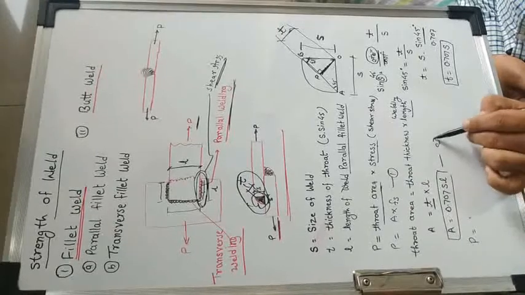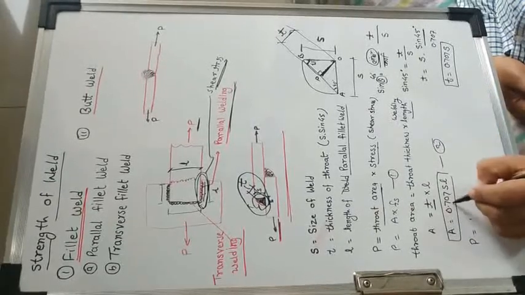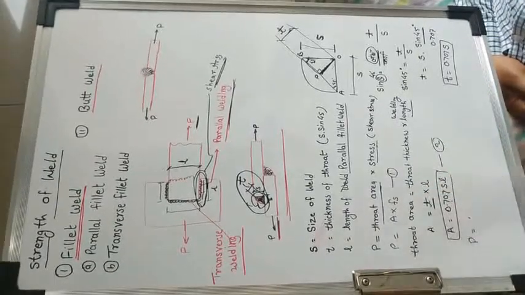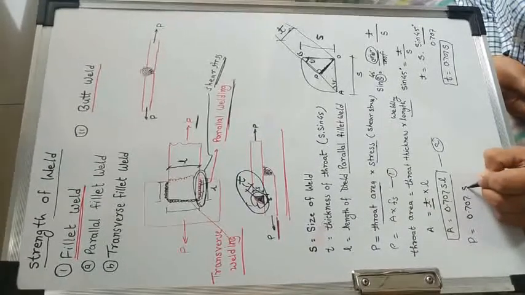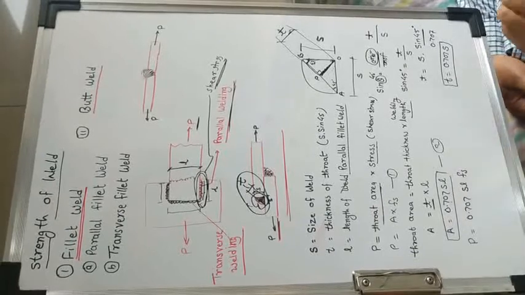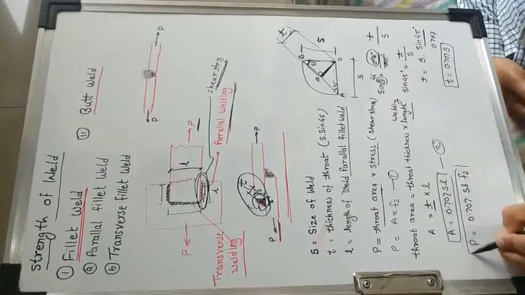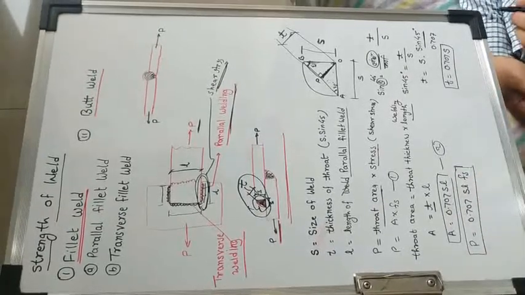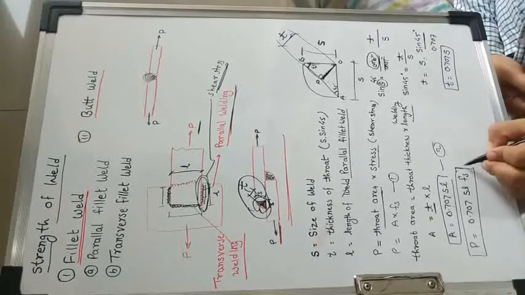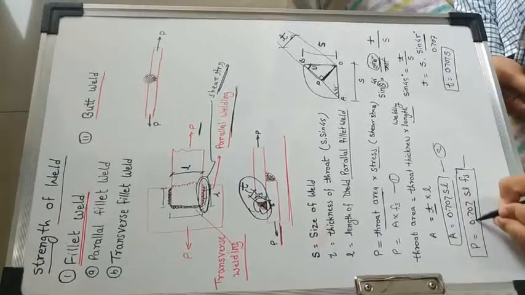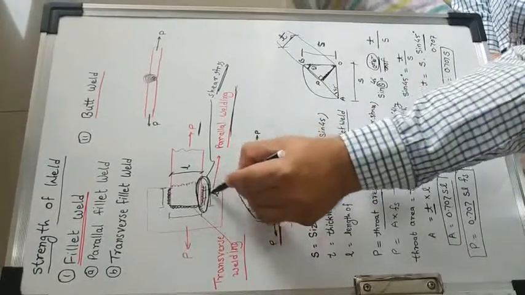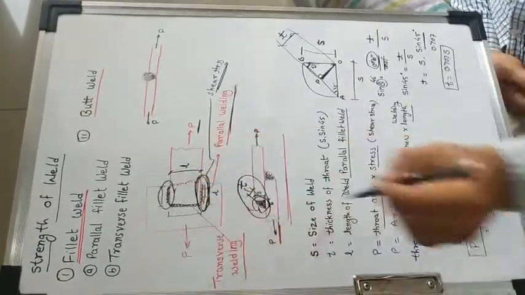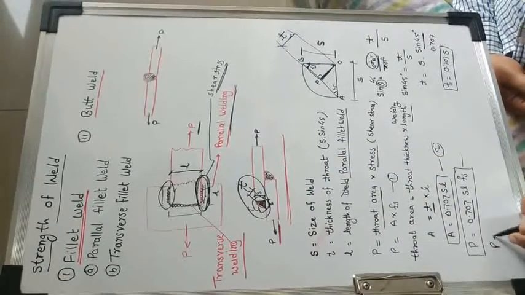So P is equal to, instead of A we will replace it here, 0.707 SL Fs. So this is our load or strength of the weld. We have considered it for one side. If we weld both sides, then it is multiplied by 2.